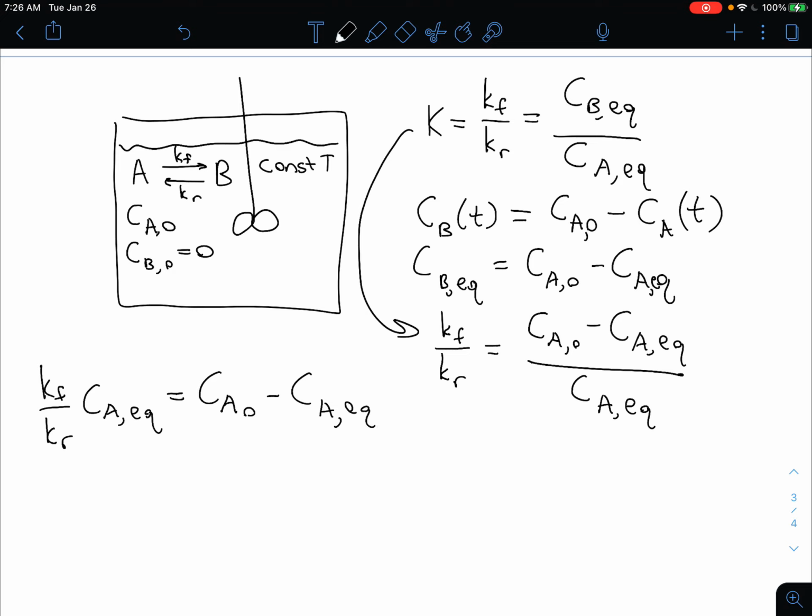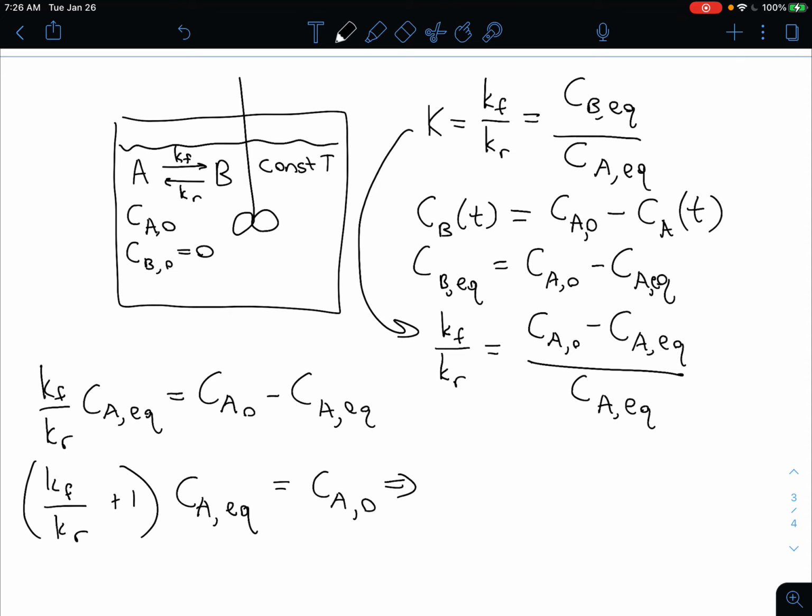And collecting terms, we can say that K forward over K reverse plus 1 times Ca equilibrium is going to equal Ca naught.